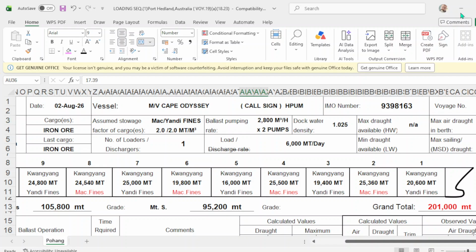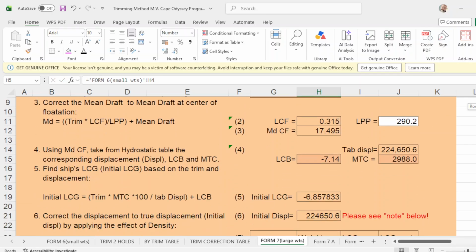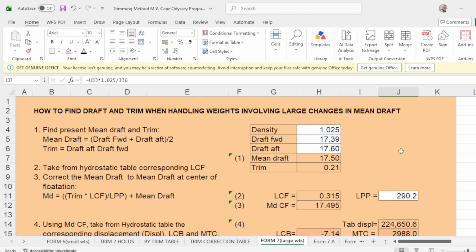So 1.025, you put here 1.025. That is initial. Until completion, your initial density is 1.025.